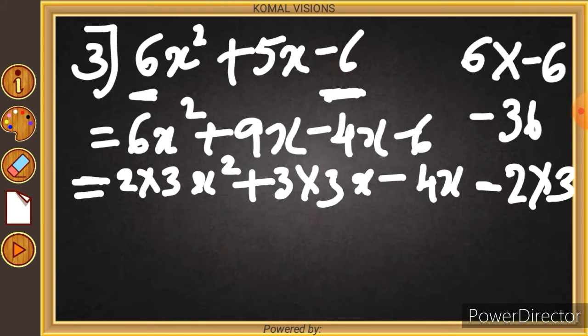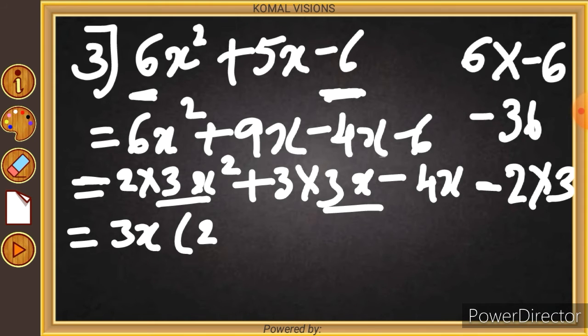And 2 into 3 I can write 6 here, correct? Now if you see, I have 3x as a common factor. I'll take it outside. I'll be left with 2x plus 3, because here 1x is left, right? So it is 3x into 2x plus 3.